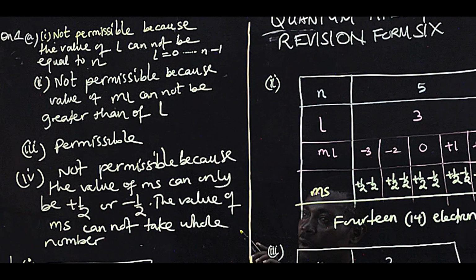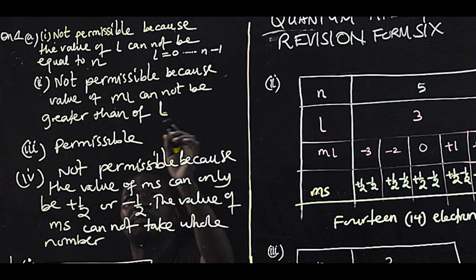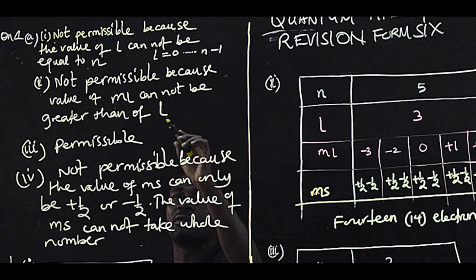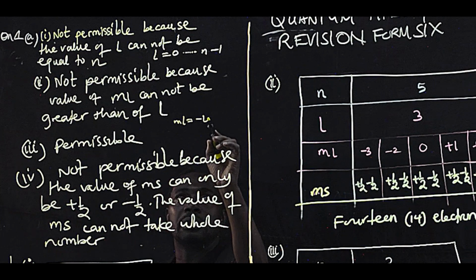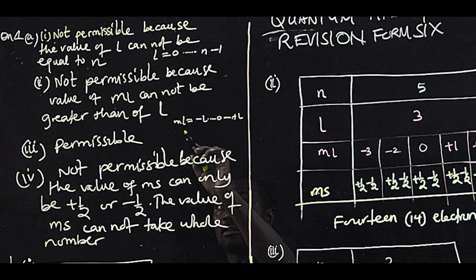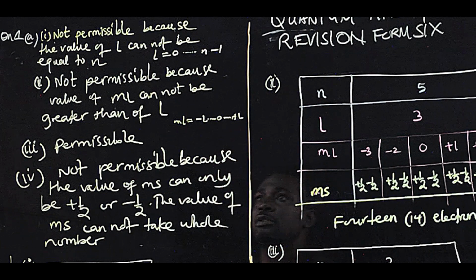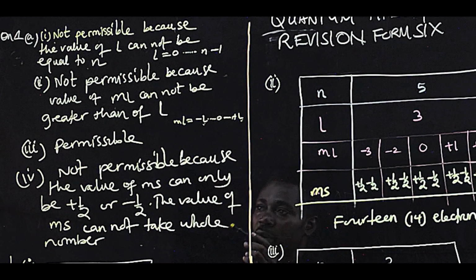So the value of ml cannot be greater than 1. Why? For any given l, the value of ml ranges from negative l, 0, to positive l. So the value of ml cannot be greater than the value of l. Here, l given is 1, ml given is 2.